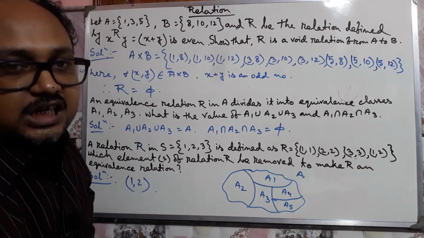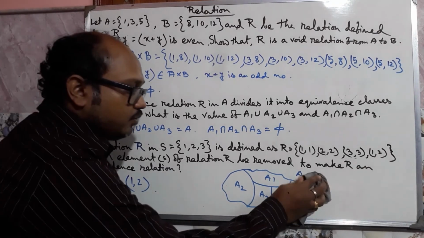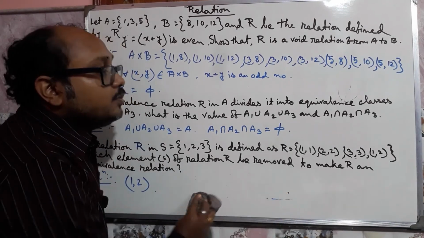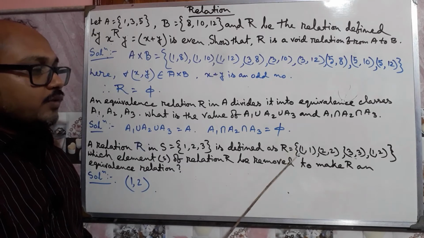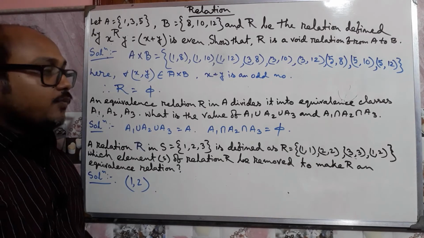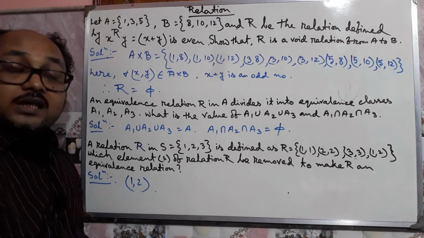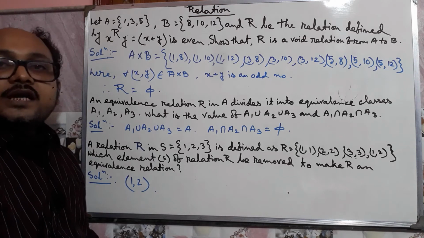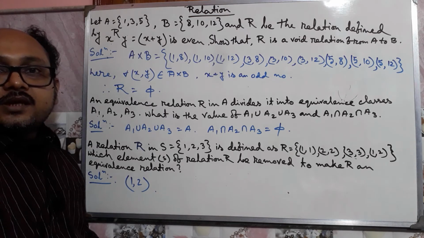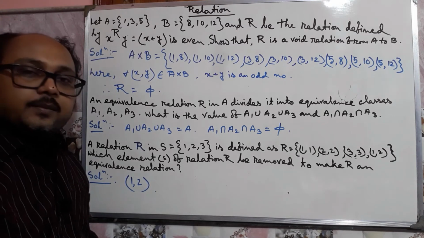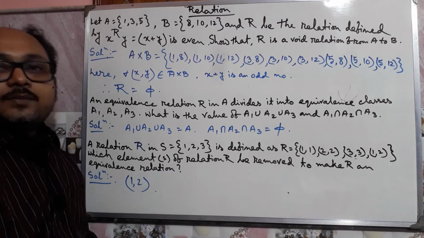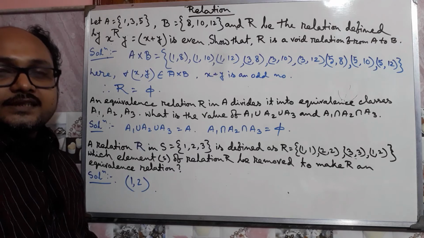Now, we have to check transitivity. If we remove that (1, 2), the relation will be (1, 1), (2, 2) and (3, 3). What is a transitive relation? If (x, y) belongs to R and (y, z) belongs to R, ultimately implying that (x, z) must belong to R, then we can say that it is transitive.